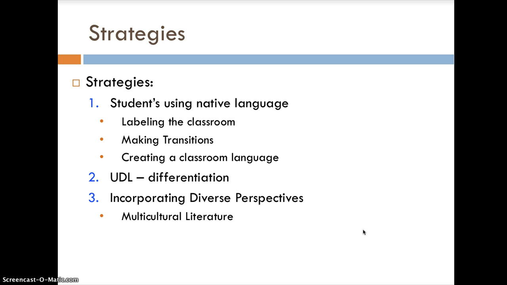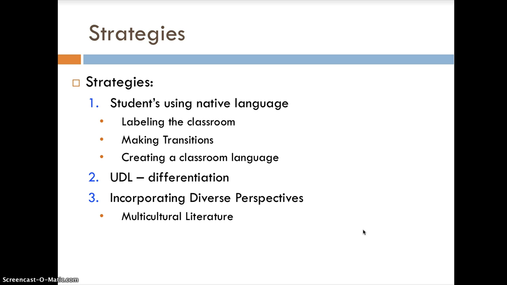You can make transitions for the students using the native language. The teacher could have a word they use to transition kids from one activity to the next. You could even have the EL student be in charge of this. You could also create a classroom language or signal that all the students are able to use, and it's a great way to build a sense of community.